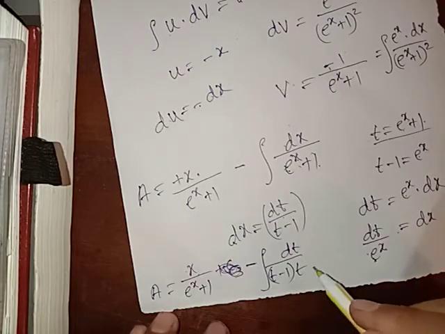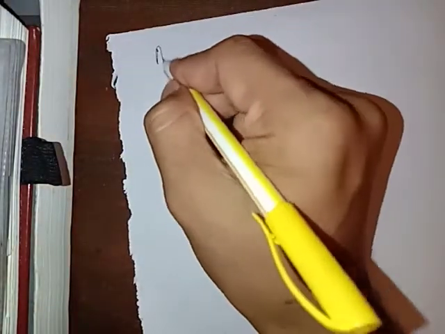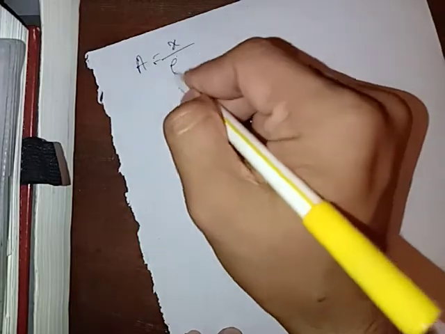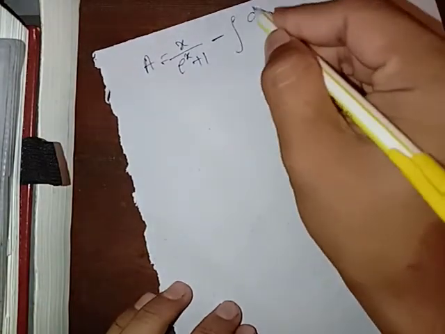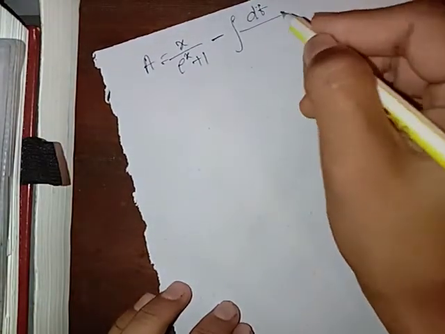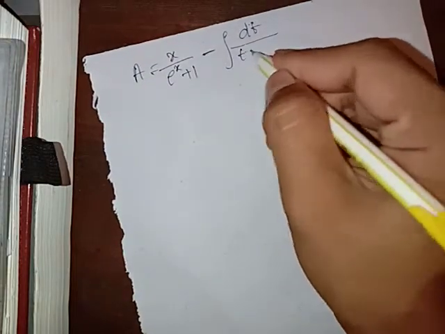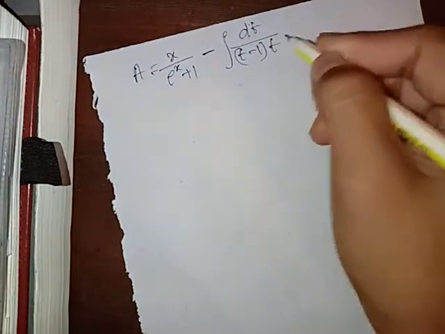So this is the value of a. Now a is equal to x divided by exponential of x plus 1 minus the integral of dt divided by t minus 1 into t.